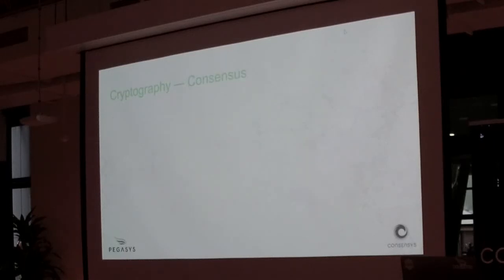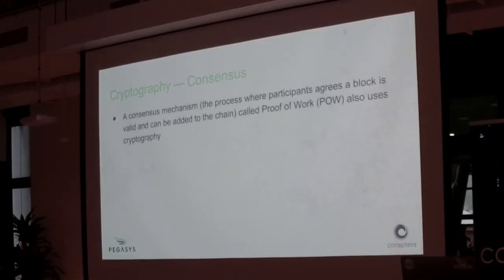The second part where cryptography is used is in the consensus mechanism. Remember, the consensus mechanism is where the participants in the blockchain network agree that a block is valid and can be added to the chain. For example, there is a mechanism called proof of work. There are different consensus mechanisms, but I'm going to pick on this one, and it also uses cryptography.